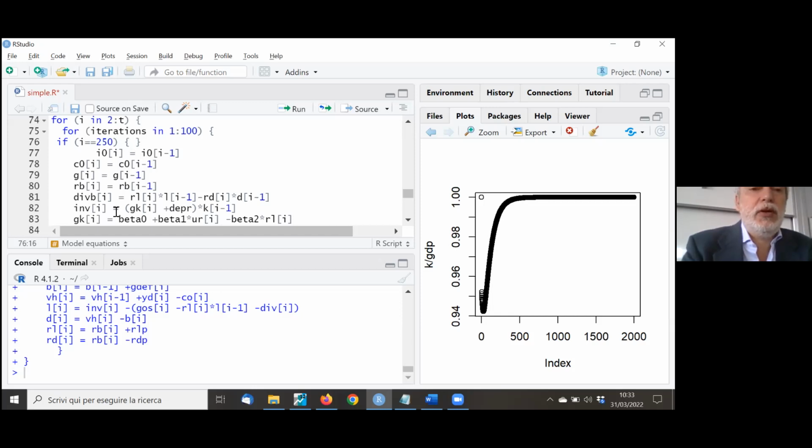So I want to increase RB. So RB[I] will be, boom, larger than the previous one, and then I can use else.